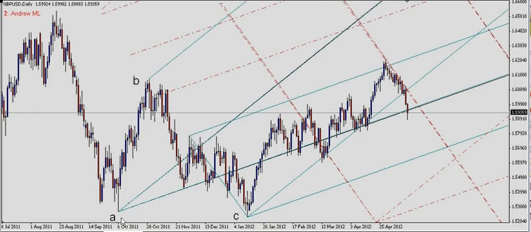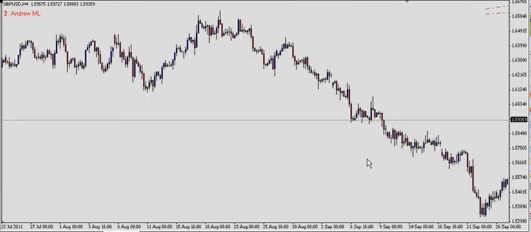Obviously both these forks share pivot A and pivot C. But there's nothing wrong with this fork at all. Although we've deconstructed the BC wave here, this move from B to C, we've bisected this.